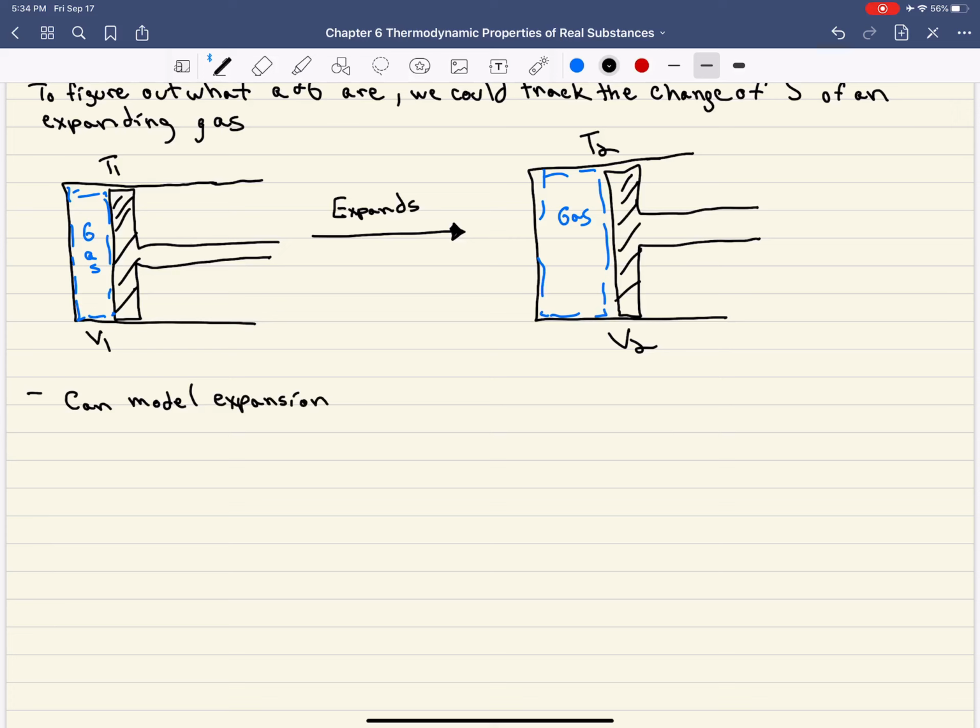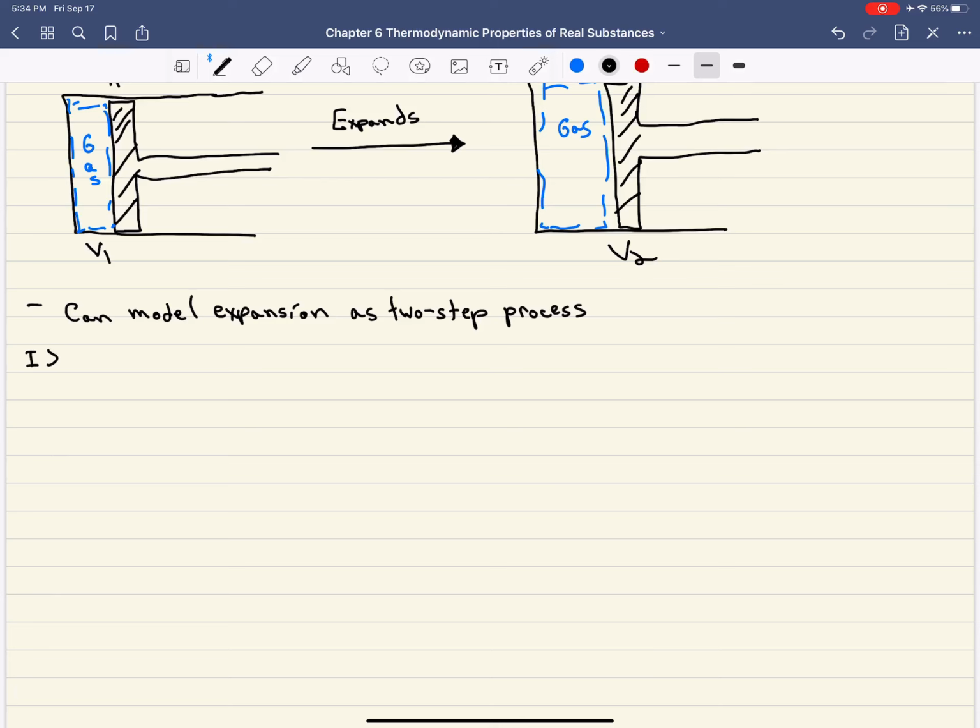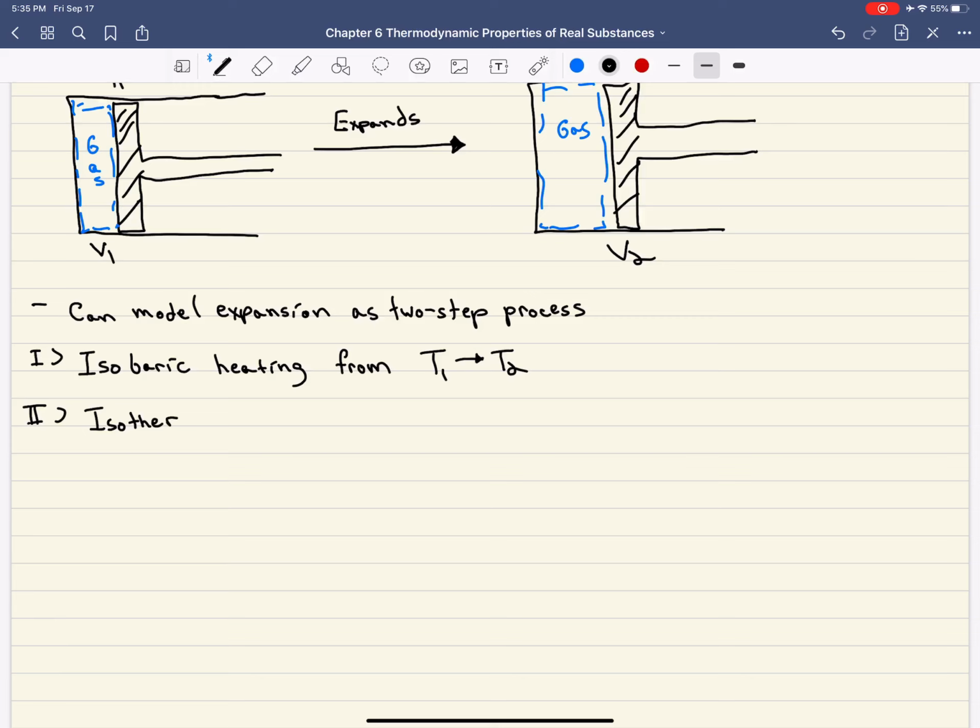The way we think about the expansion is that we first isobarically heat the gas from temperature T1 to T2, and then we isothermally expand the gas so that its volume changes, but the thing we would be measuring is pressure.